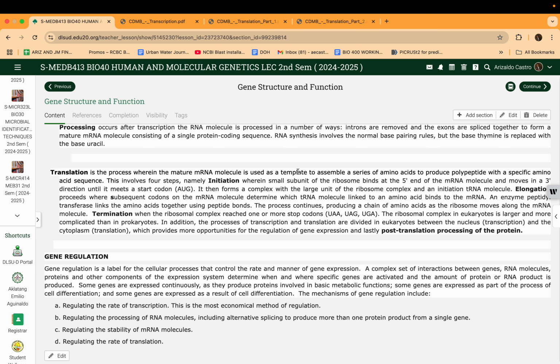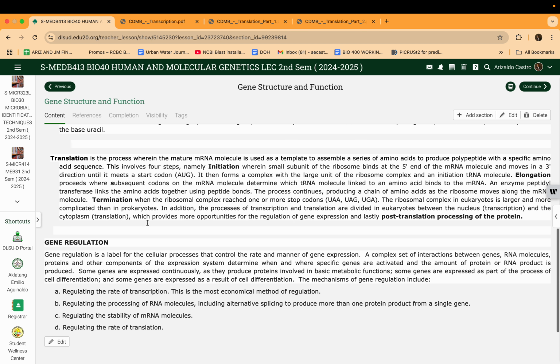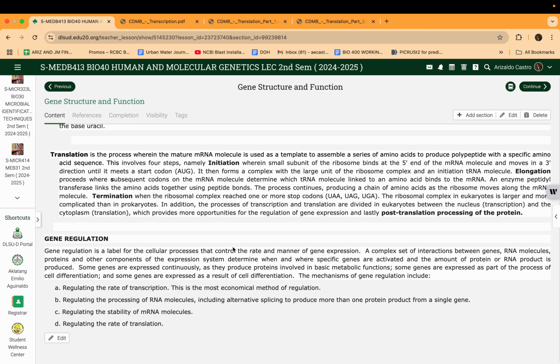The ribosomal complex in eukaryotic organisms is much more complicated. It's larger and more regulated compared to prokaryotic systems. In addition, the processes of transcription and translation in eukaryotic systems, as I've mentioned already, are compartmentalized, and eventually your translated protein will undergo post-translational processing depending on its nature.